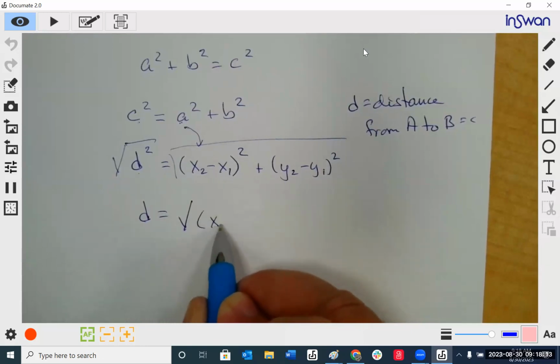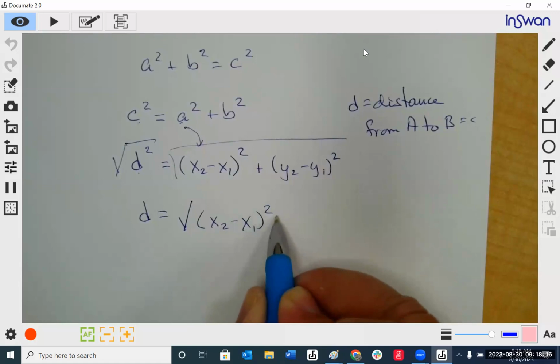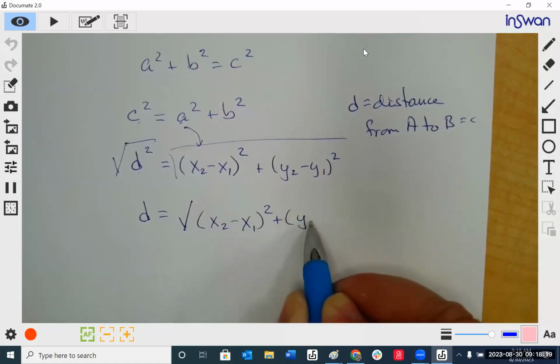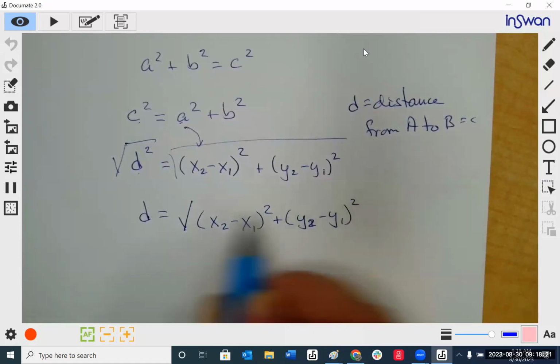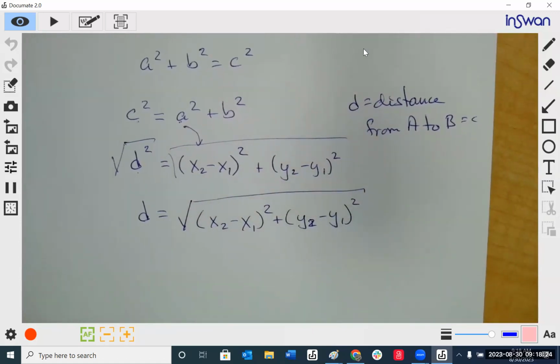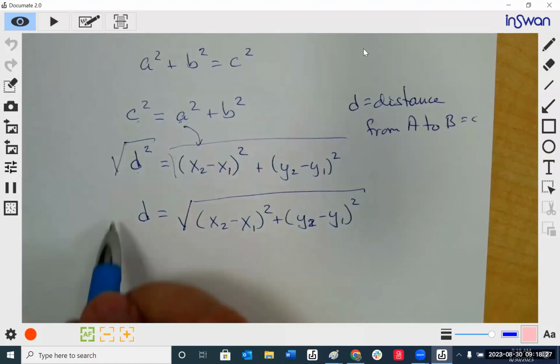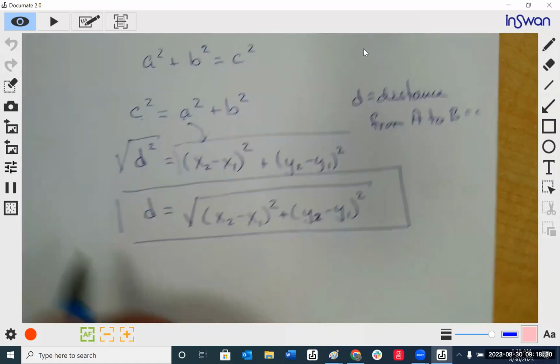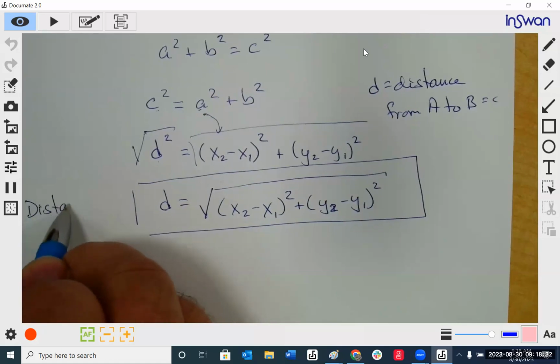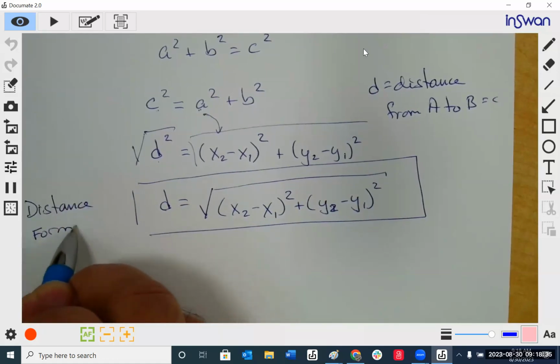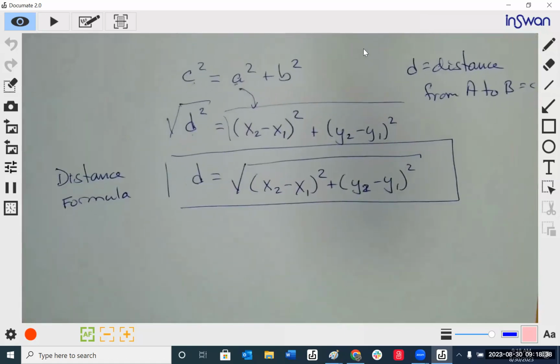The distance formula is this. There is your distance formula. Now you see why I told you all it's important when you first get your points, label them as x1, x2, y1, y2. Now you just plug them in there.